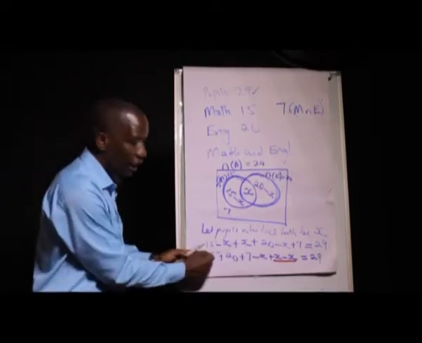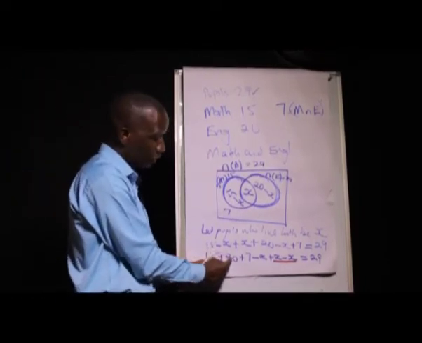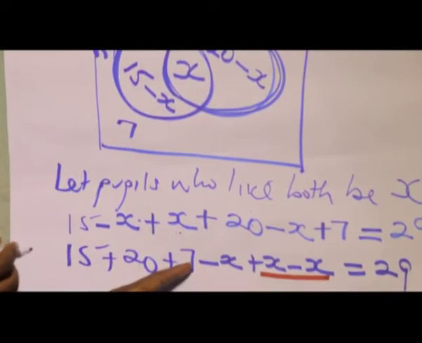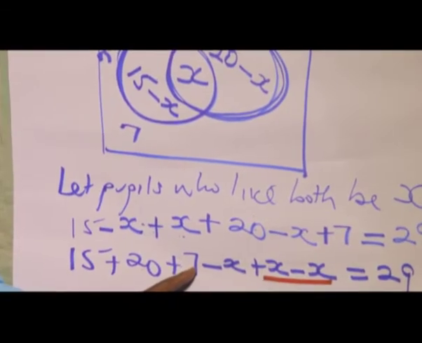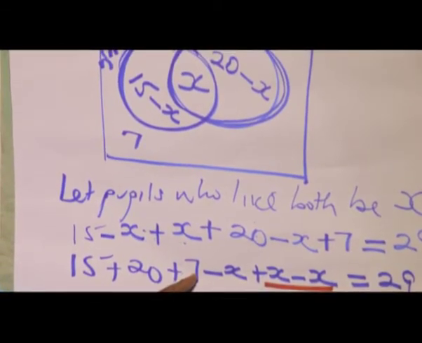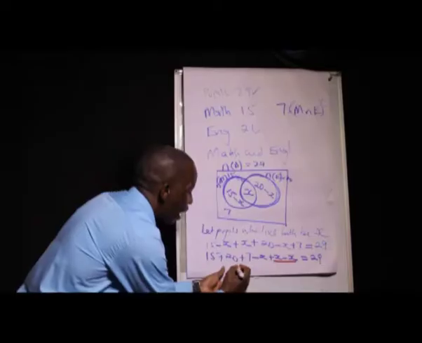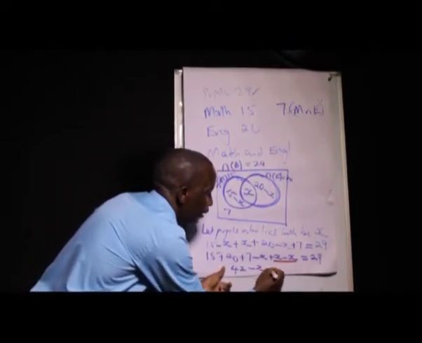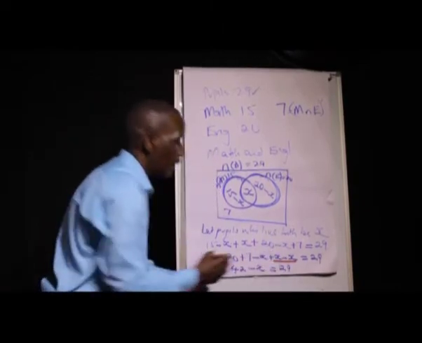So 15 plus 20, that is 35. Plus 7 class, that is 42. So we have 42 minus x, that is equal to 29.